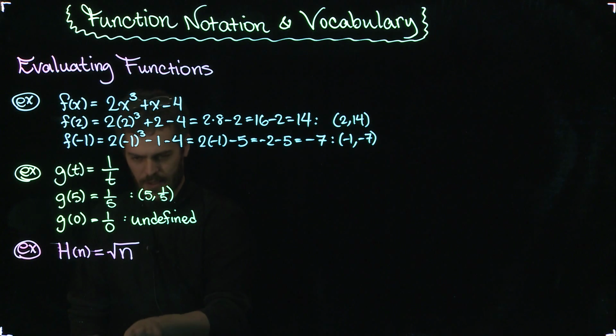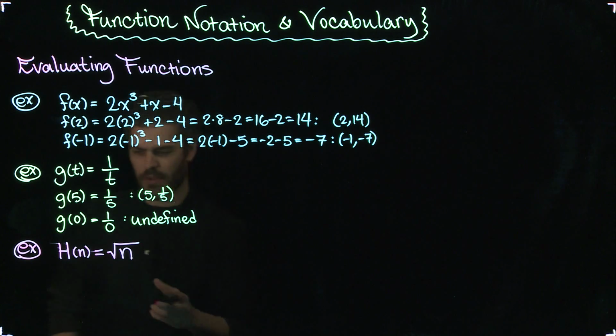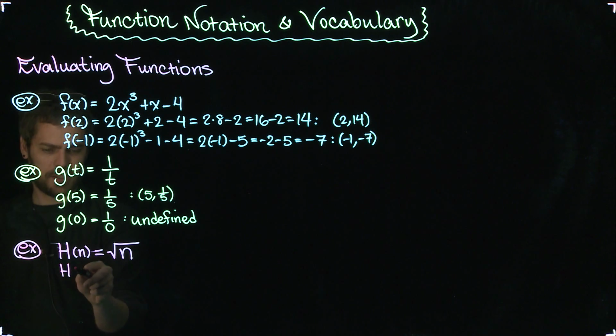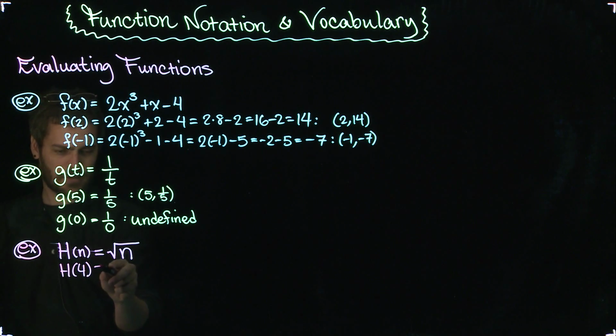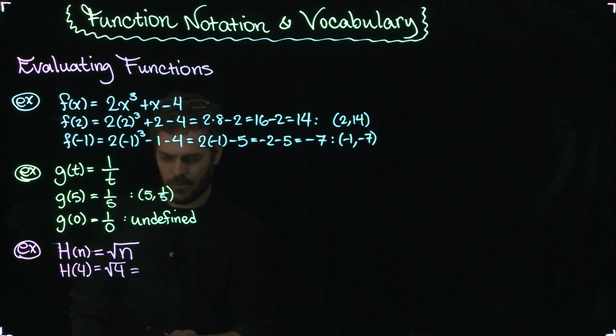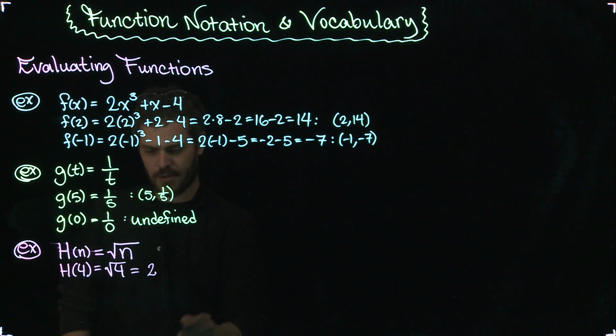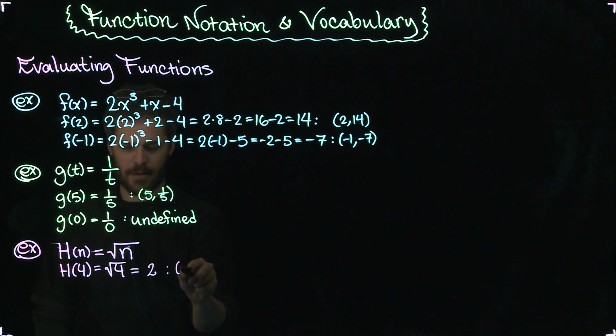Let me go on to h of n. Suppose we had h of 4, square root of 4. Remember, when we evaluate a square root, we only do the principal root, which is the positive value here, 2. Okay, so we've got an ordered pair there, 4, 2.